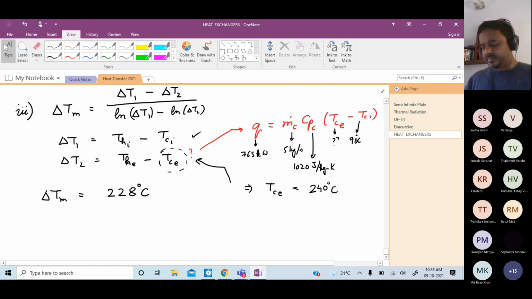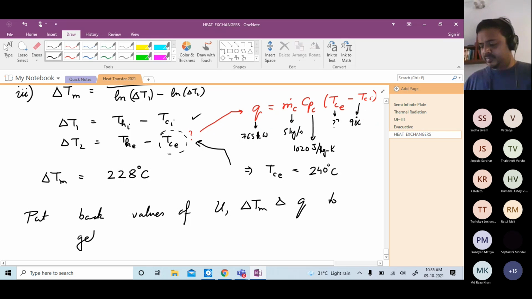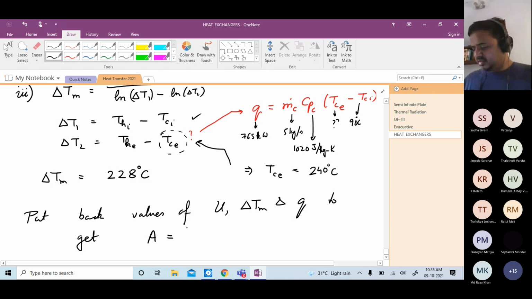Okay. So put back values of U, delta Tm, and Q. Get A. And A, as per my calculations, is 167.7 meters squared.